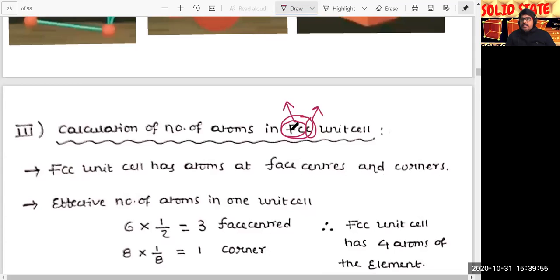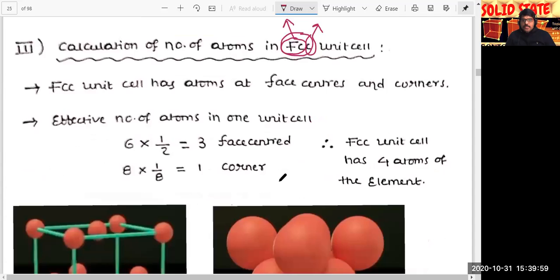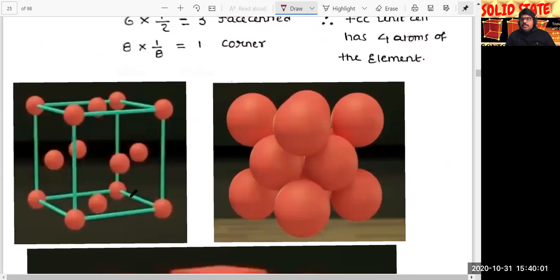And all face centers, how many face centers? 6. You first see the diagram. This is FCC unit cell. Already told you yesterday: left face, right face, back face, front face, top face, bottom face, and corners. And this is the unit cell view. This is the atoms contact view.